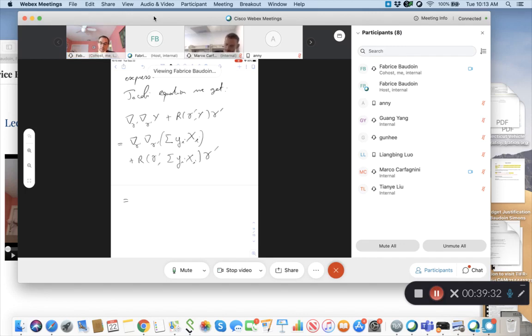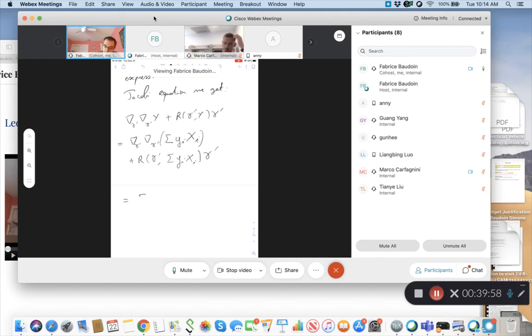So nabla gamma prime of xi is 0. Okay. So the derivative with respect to gamma prime only hits yi. And when I differentiate a function along the curve, this is the usual derivative. So this is yi prime. So I apply this once, and then the second time, I will get the second derivative of yi.